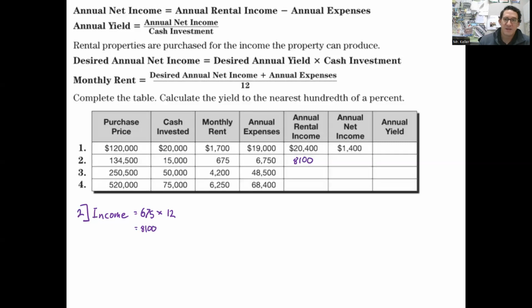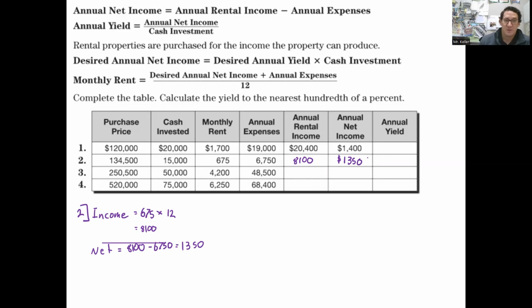The annual expenses, so the net income. For this house, it's going to be the annual income minus the expenses. So 8,100 minus 6,750, that's 1,350. So this person is making a profit of 1,350 a year, so a little over $100 a month.